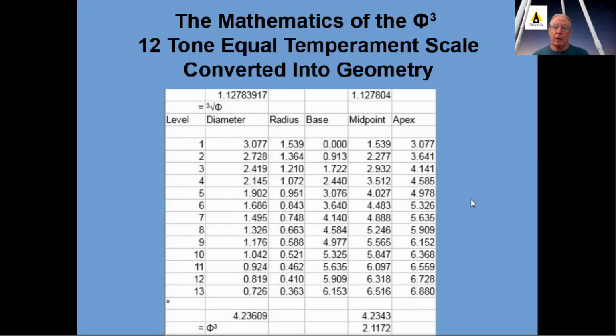Now the midpoint, this one gave me a lot of trouble because I had forgotten that the relationship between the diameters and the midpoint was not going to be quite the same, because the diameter of each of the circles and spheres isn't exactly where the circle or sphere intersects the pyramid.